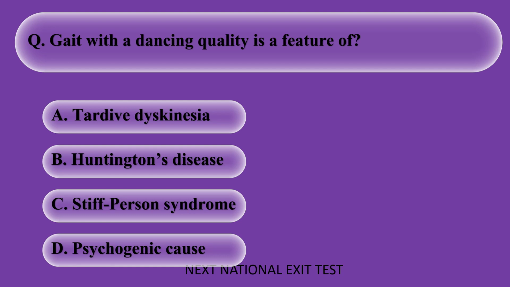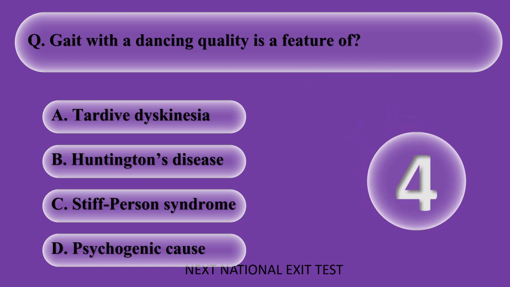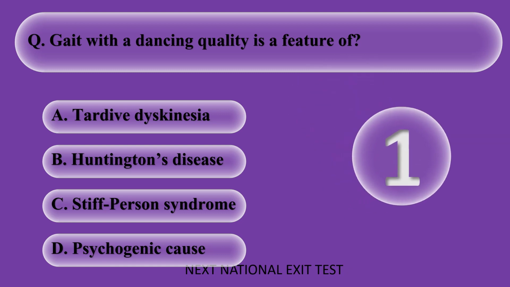The motor symptoms usually appear first and include chorea, which involves involuntary, jerky, and random movements of the limb, face, and trunk. So this was all about Huntington's disease. So the correct option here is Huntington's disease. Gait with dancing quality is a feature of Huntington's disease.